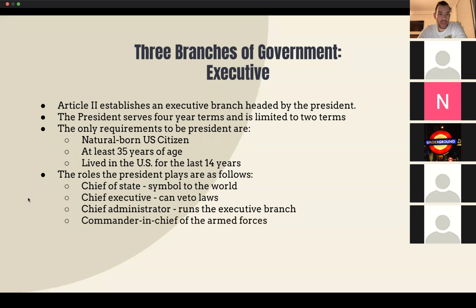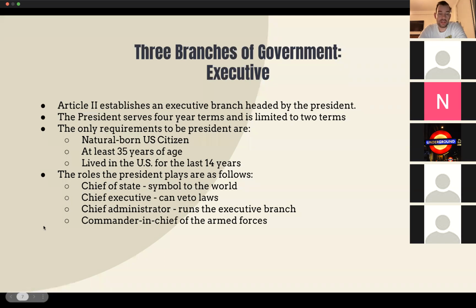Fourth, and most famously, the president is commander-in-chief of the armed forces. The president has the ability to unilaterally use the military. This power has been called into question many times because there's a law called the War Powers Act that has tried to limit the president's power.